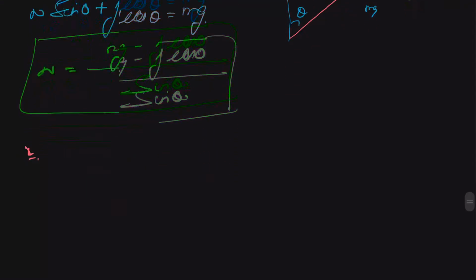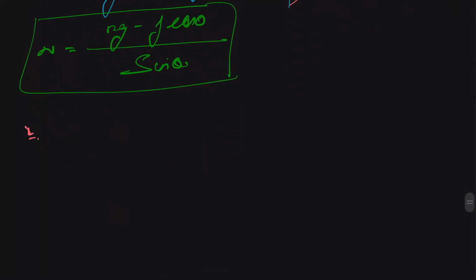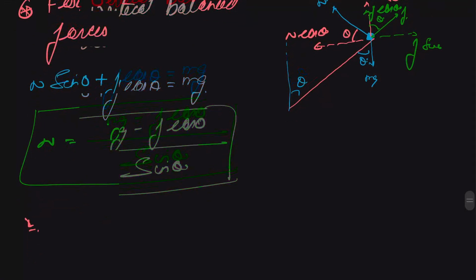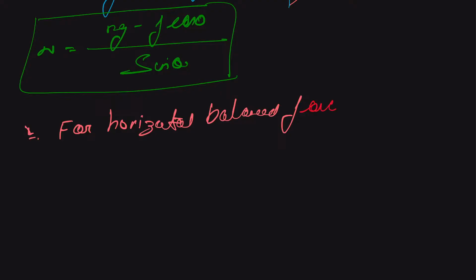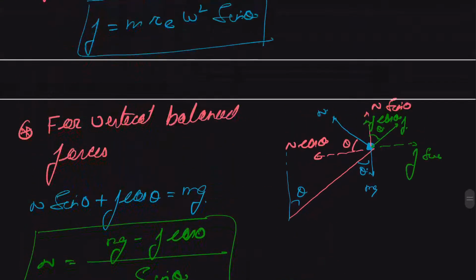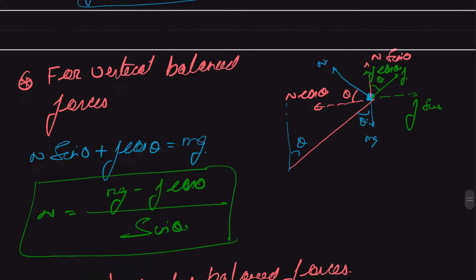Therefore we can say for horizontal balanced forces, we have two forces, but both are in opposite direction. We have N cos of theta and f sine of theta.